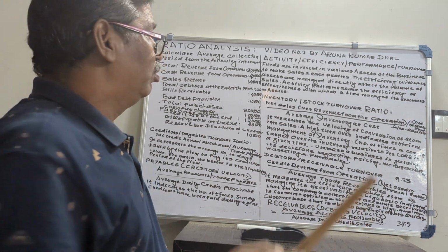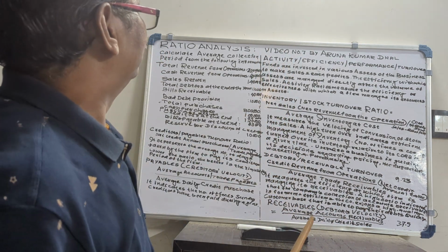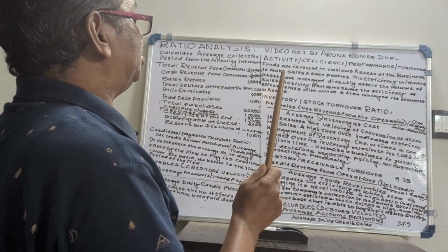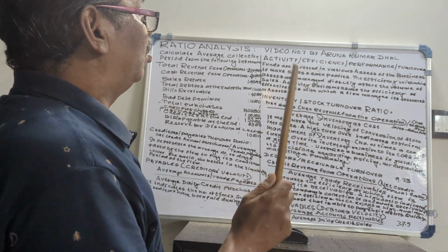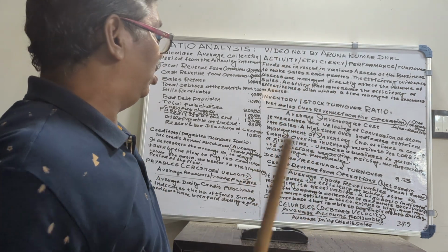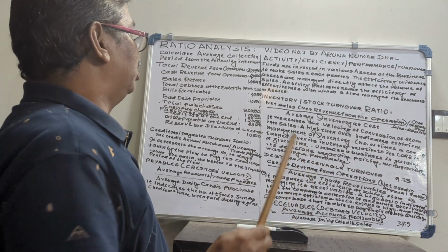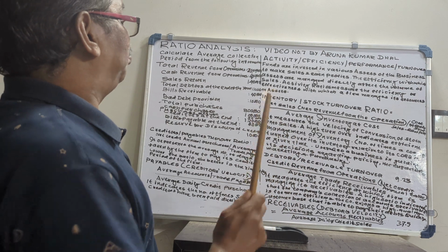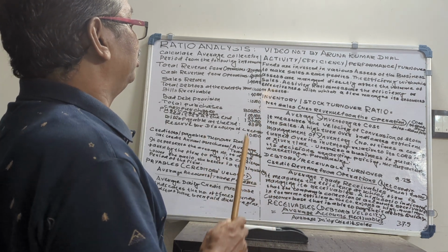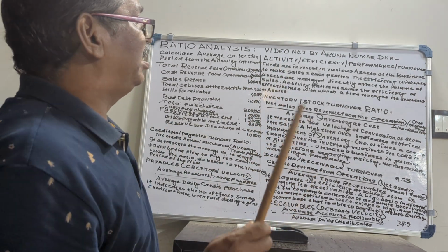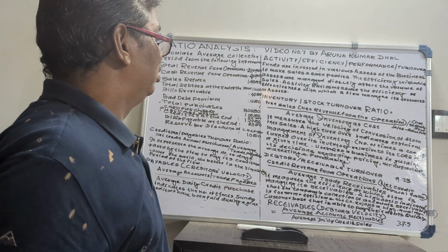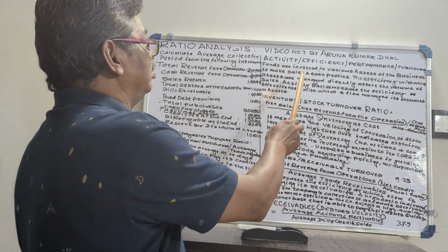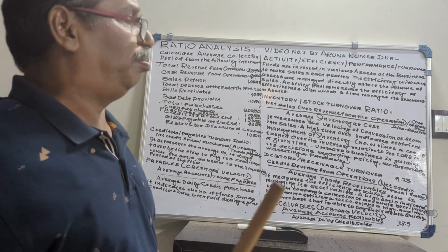In this video, we will emphasize on activity or efficiency or performance or turnover ratio. In this ratio, our main purpose is to find out the funds which are invested in various assets of the business in order to make sales and earn profits.